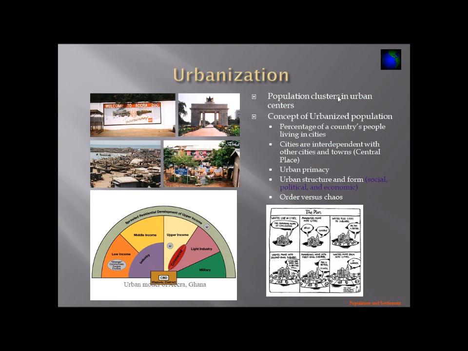Urban primacy produces what we call primate centers. Those are cities that are inordinately large compared to other cities in the country. Mexico City is a primate city. Lima, Peru, primate city. They're inordinately large, and a large percentage of the population lives there.